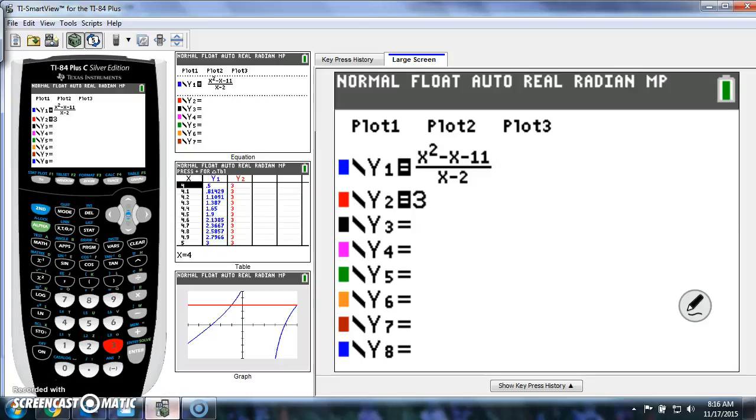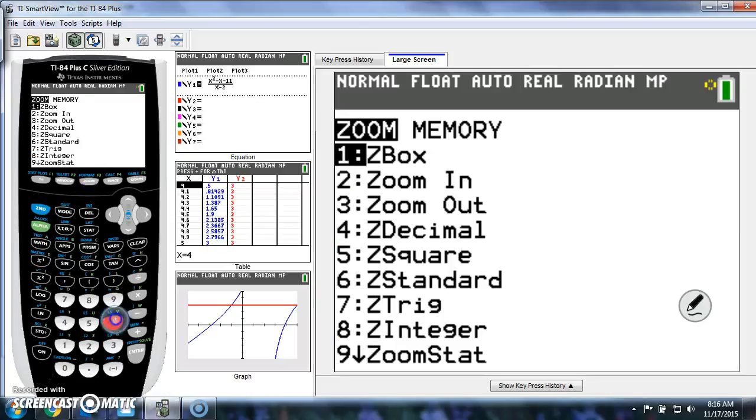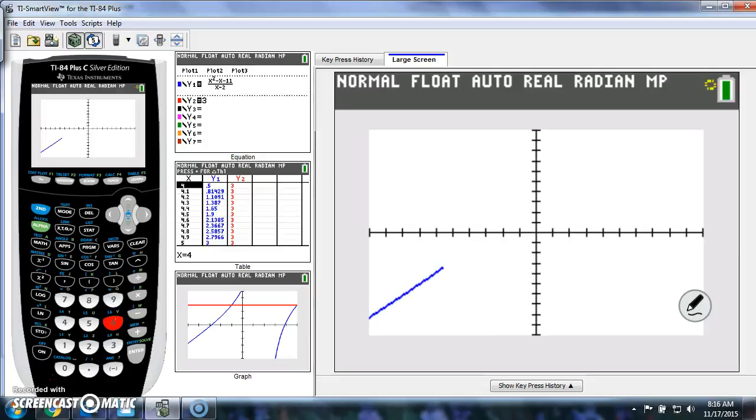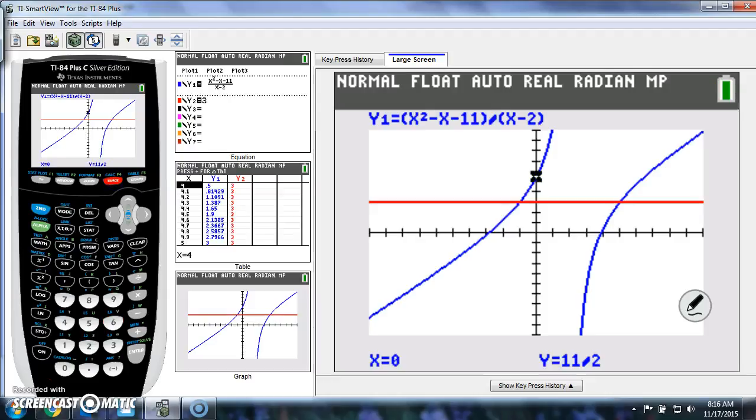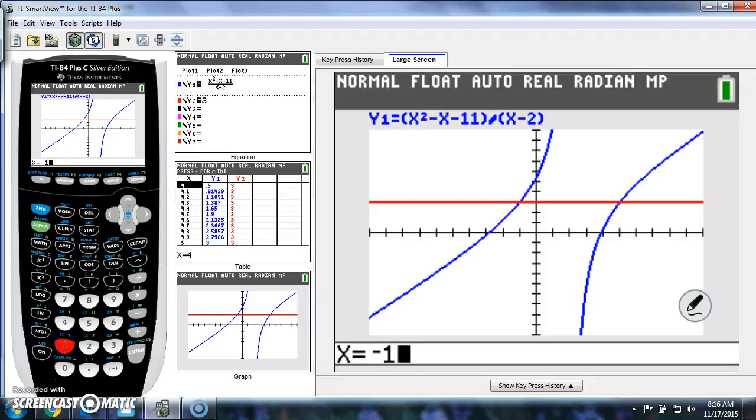So I've got the graph typed in, and let's graph it and see what we get. As you can see, our graph looks pretty similar to what we had drawn. It's got a slant asymptote, it's got a vertical asymptote, and there's the horizontal line at 3. So it looks like maybe it's crossing at -1. Let's try that out.